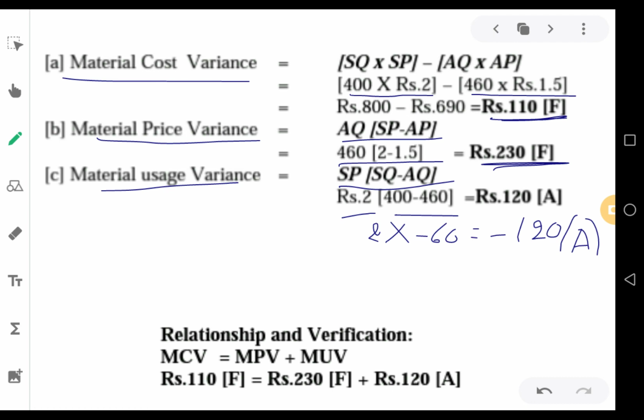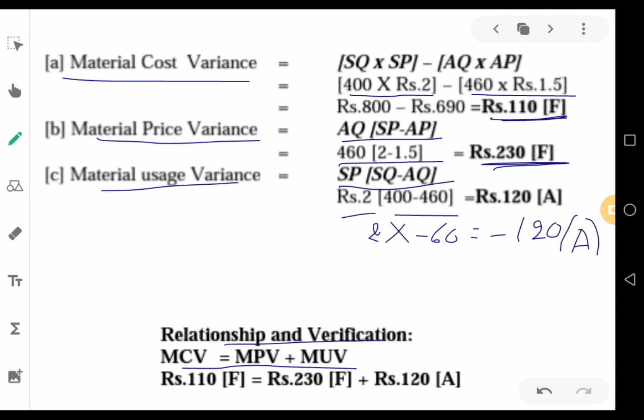After computing these three variances, let us see the verification. Let us see the relationship between cost, price and usage variance. If it satisfies, then you can say that the variances are correct. The verification equation is MCV equals MPV plus MUV. That is, material cost variance is equal to price variance plus usage variance.